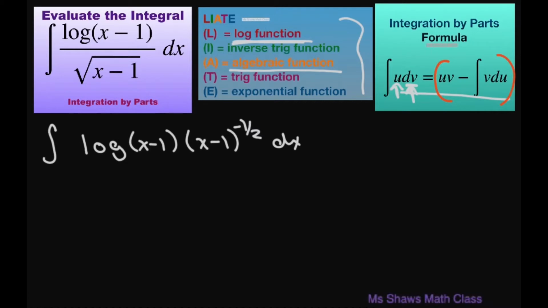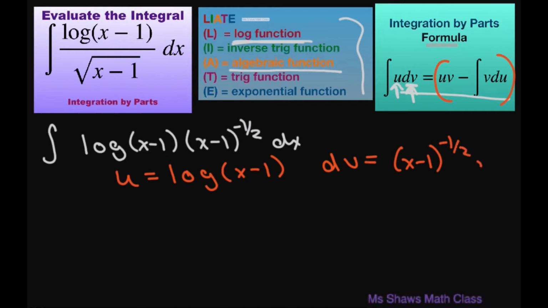So we're going to let u equal log of x minus 1, and our dv is going to equal, let's just write it like what we had, x minus 1 to the power of negative 1/2 dx.